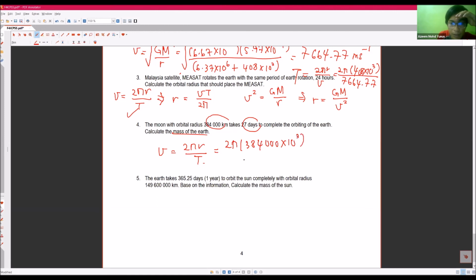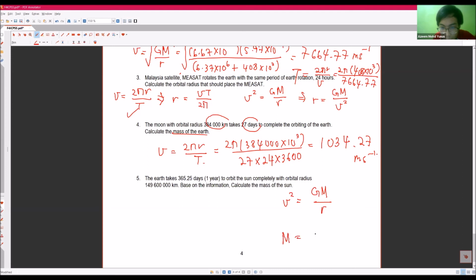Divide by 27 days times 24 hours times 3,600. We get the velocity is 1.27 meters per second, and we can use the formula V square equal to Gm over R. So M equal to V square R over G. So plug in that.